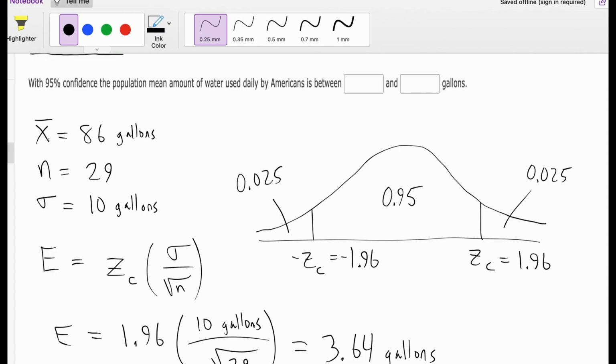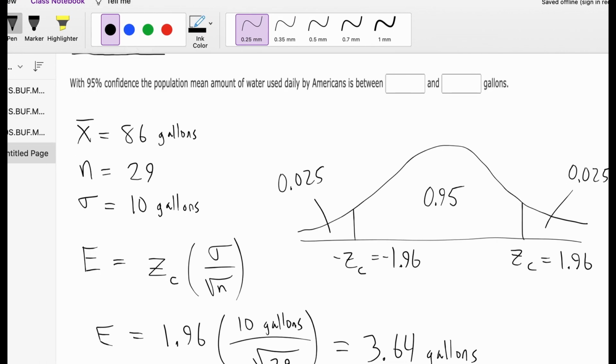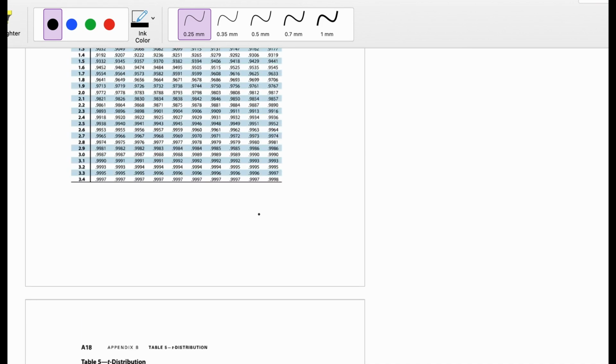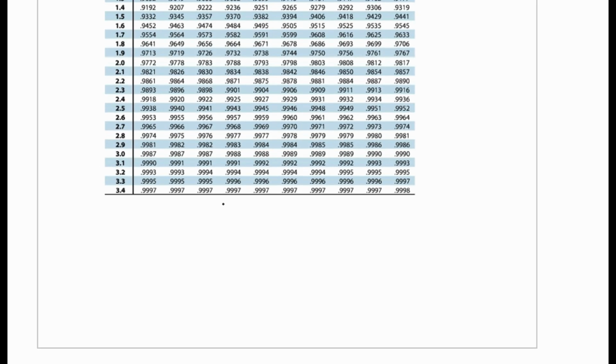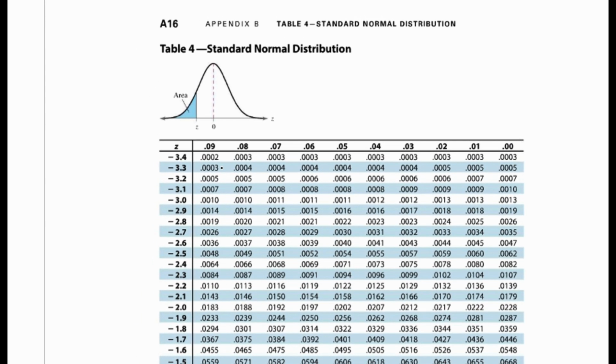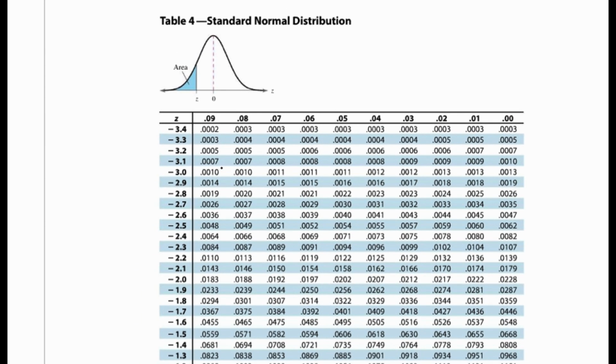Yet another way would be to go to the formula sheets. If we use the formula sheets, we can look for a left tail of 0.025. We got to locate that in the body of the table here because these are the areas.